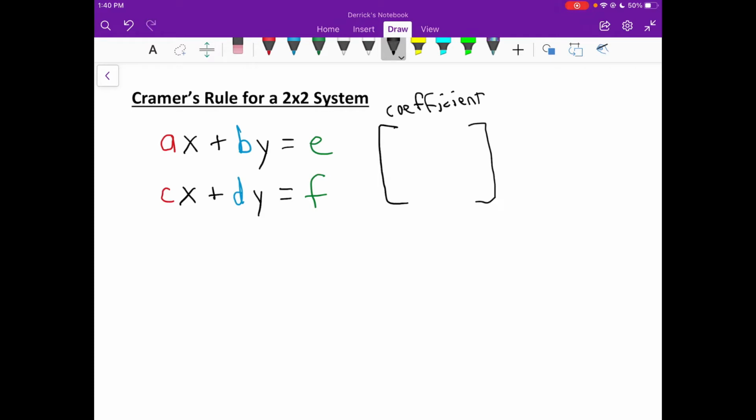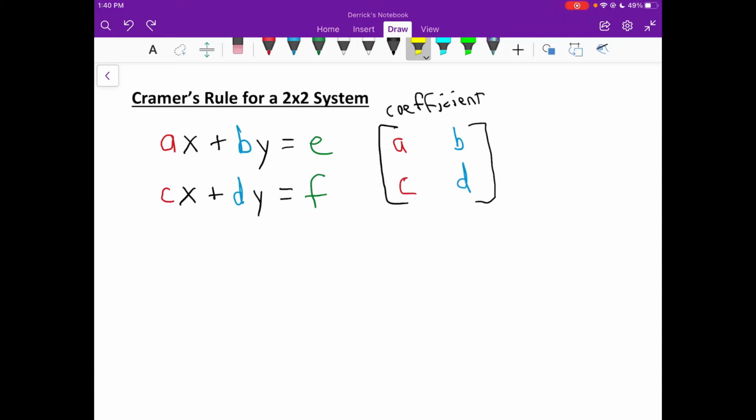In this system, I have an A and a C that are both meant to represent the coefficients in front of x. I also have a B and a D that are meant to represent the coefficients in front of y.